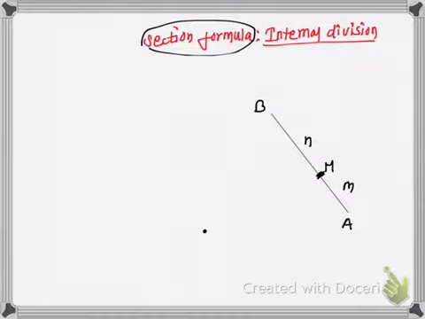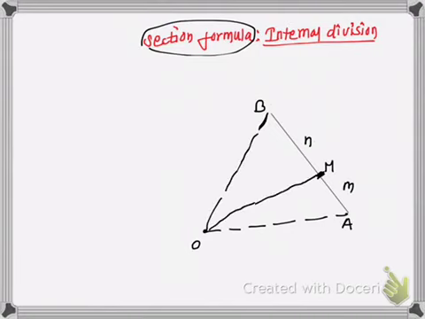And I'm going to take a point O, which is the origin, and if I join point O to A, point O to B, and similarly point O to M, we have a nice little triangle.